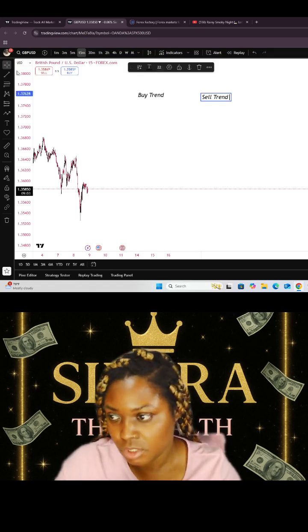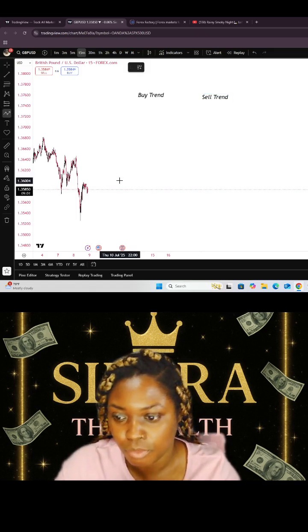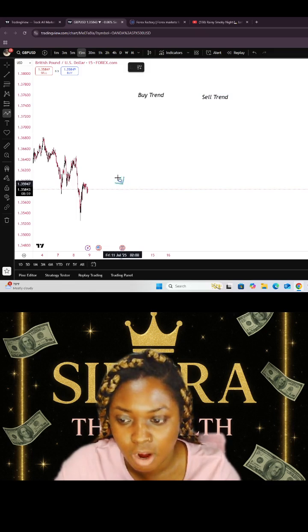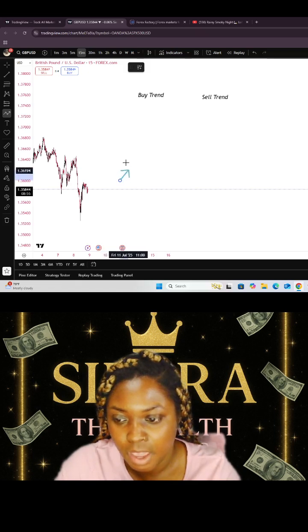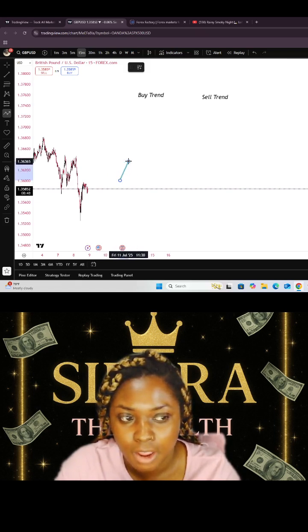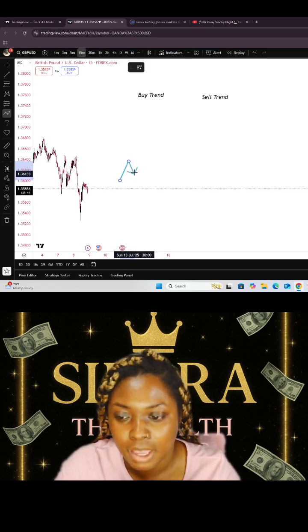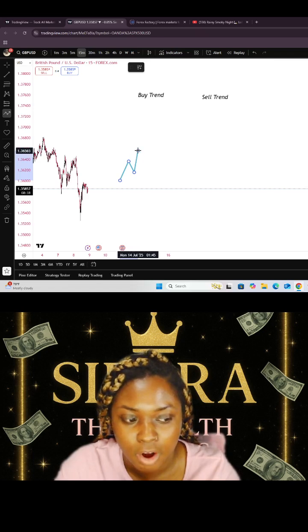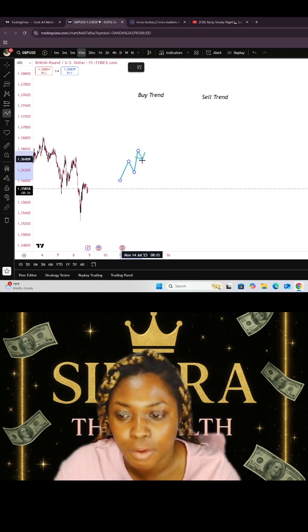In a buy trend, price starts from your lower low. It breaks structure on your lower low and gives you a higher high. Then it pulls back and gives you a higher low, and then it breaks that last high and gives you a new high, which is a higher high, and then it pulls back and gives you a higher low.